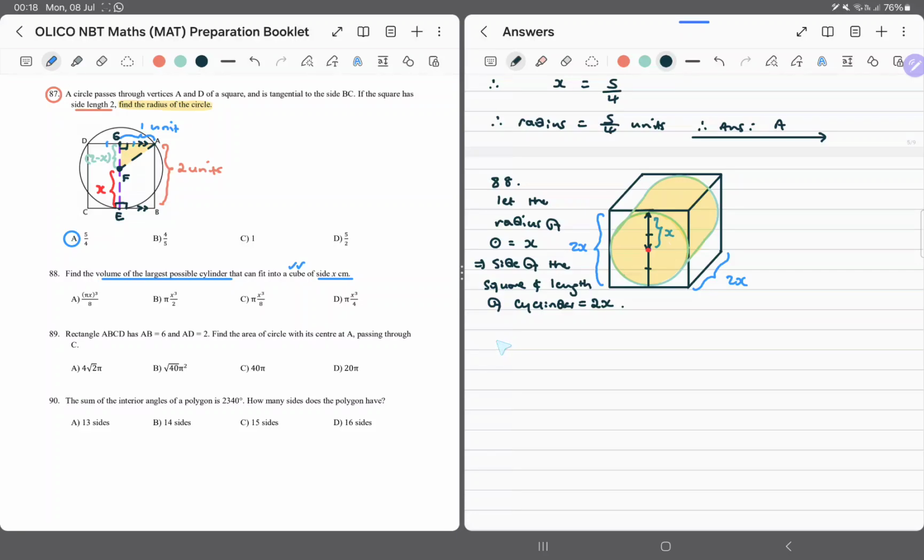So we can say now then volume of cylinder. Remember, area of the circle is pi r squared times height. Great. This is going to be pi. R is x squared.